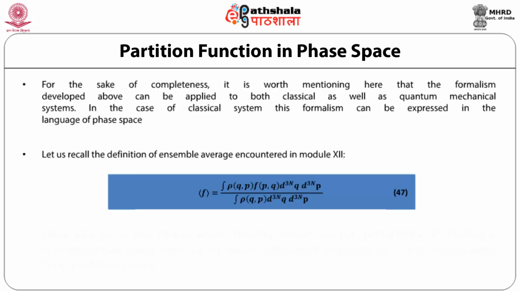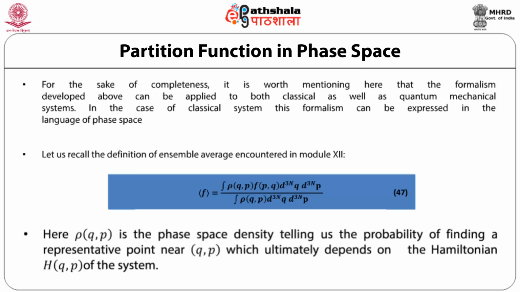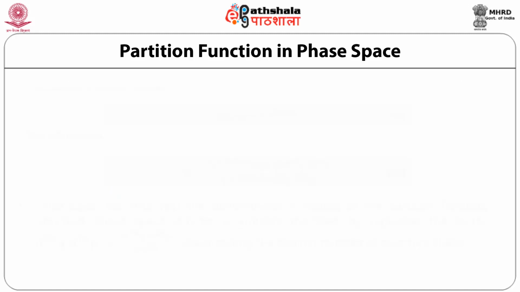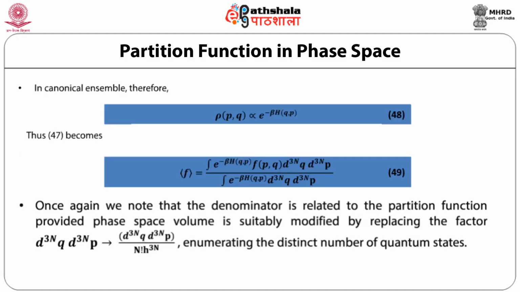Here, ρ(q,p) is the phase space density telling us the probability of finding a representative point near (q,p), which ultimately depends on the Hamiltonian H(q,p) of the system. In the canonical ensemble, therefore, ρ(q,p) is proportional to e raised to the power minus βH(q,p).